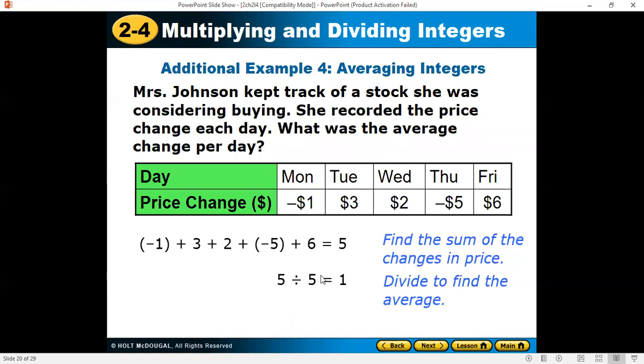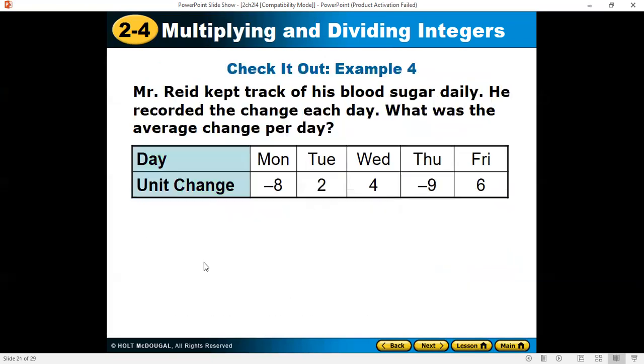How many days do you have? You can count with me: 1, 2, 3, 4, 5. Then it will be 5 divided by 5 equals 1. Once you have the word average, you add all the numbers and divide by how many there are. So the average change was $1 per day.